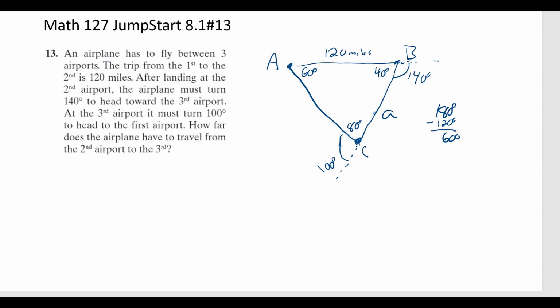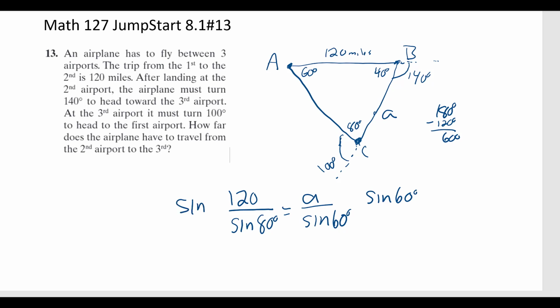So now we're going to use law of sines to find this missing side. So we have the known 80 degrees corresponds to 120 miles. So I'll do 120 over sine of 80 degrees equals a over sine 60 degrees. And we're trying to find a, so I'll multiply both sides by sine of 60 degrees.